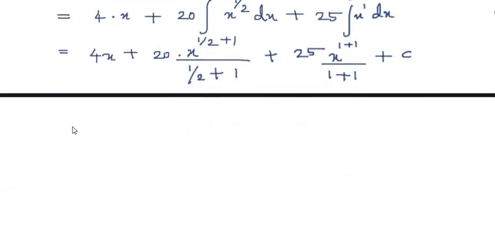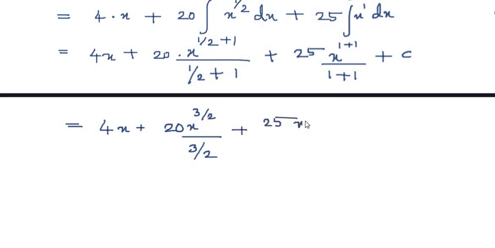Now further simplifying this, we get 4x plus 20 times x to the power of 3 over 2, over 3 over 2, plus 25x squared over 2 plus c. So let us finally solve this and simplify it as 4x plus 20.